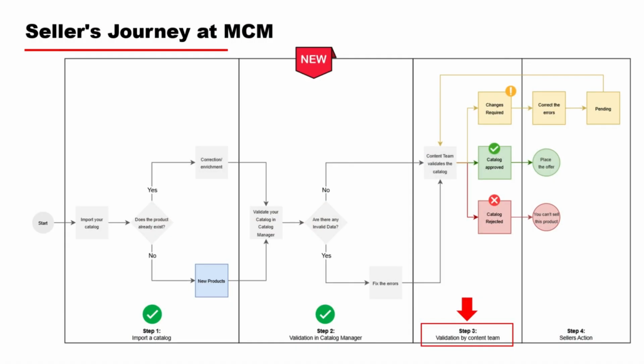After completing all the necessary validations in Mirakl Catalog Manager, we move on to the next step, validation by the content team. The content team reviews product catalogs to ensure that all information is accurate, clear, and customer-friendly, helping provide the best possible shopping experience. They cover three main areas. For example, images, checking that image links work and comply with Worten's guidelines.